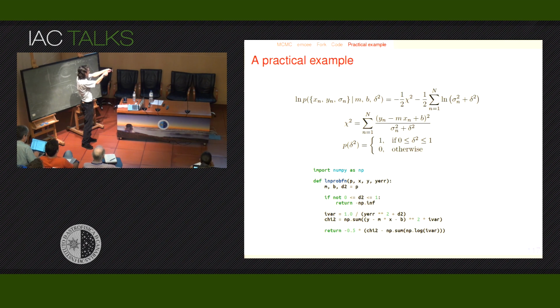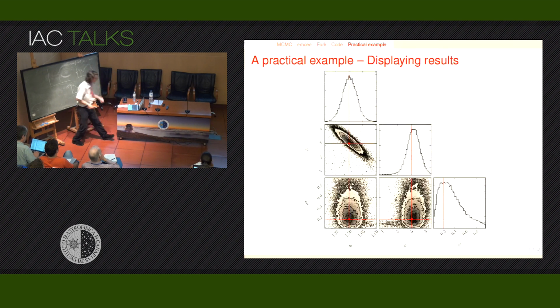Here's the chi-squared computation. So here we're computing this for the arrays of x and y values, so there's a sum over the chi-squared values. Then the whole thing is this chi-squared minus this term that has the inverse variances in it. So pretty easy to code up.